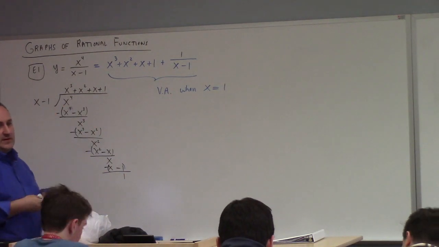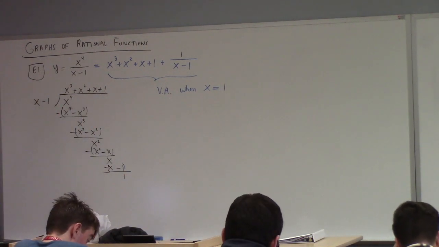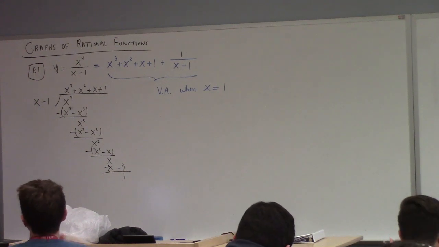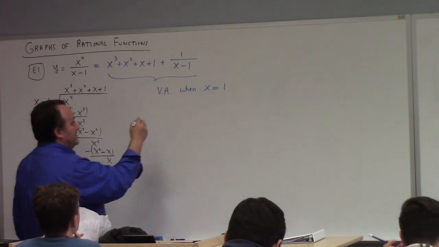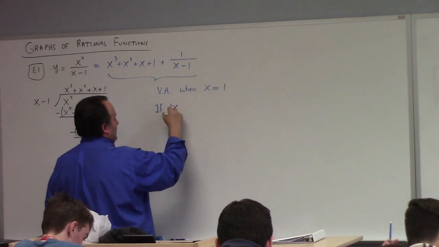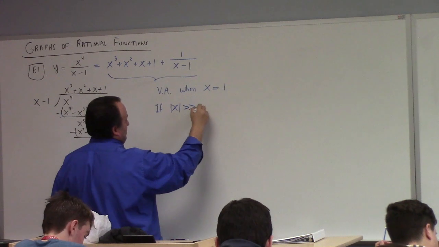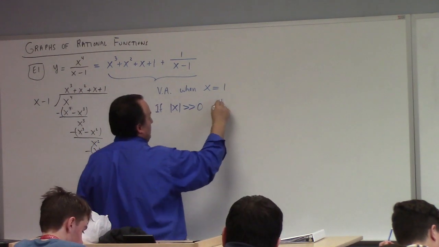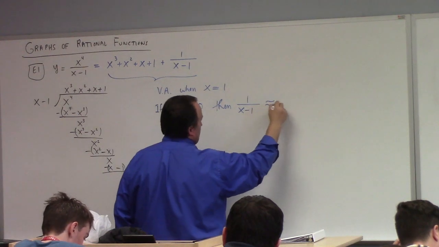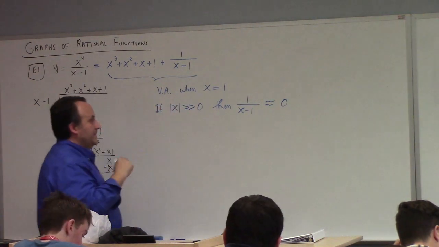When x is equal to 1, we have a division by 0, so the formula is going to blow up. But if the absolute value of x is much, much greater than 0, then 1 over x minus 1 is approximately 0.